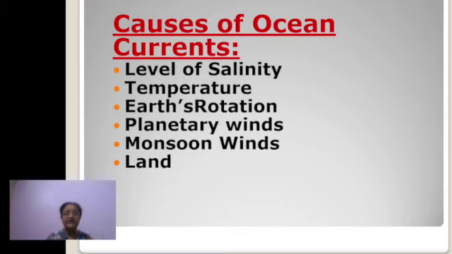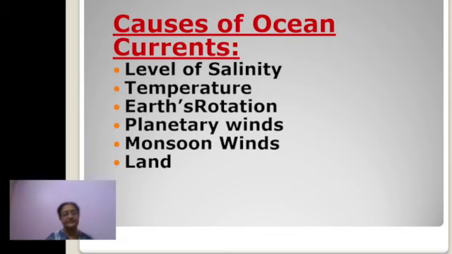It is totally because of the Earth's rotation, which causes the Coriolis force, and this Coriolis force causes this type of movement. So this is the third factor or the third cause behind ocean currents.